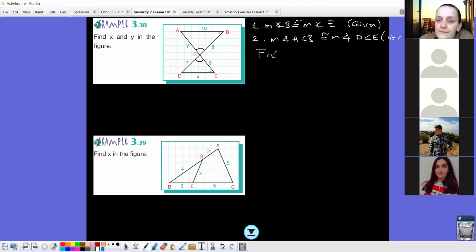And from AA, triangle ABC is similar to triangle. Now how will I write the other triangle? Which one goes with which one? B goes with E. DEC. One more time. DEC.